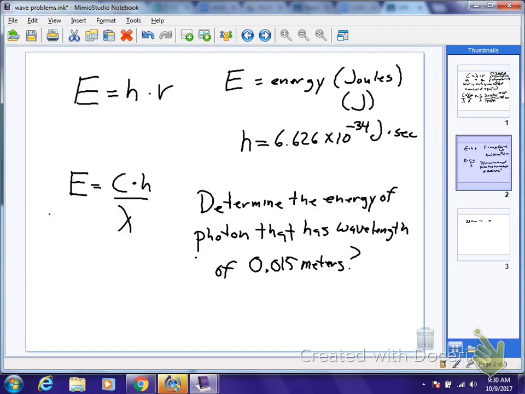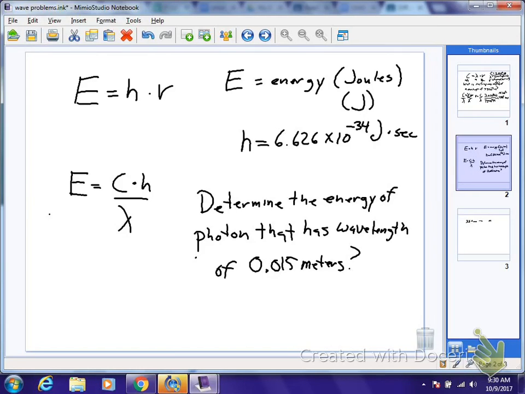Energy is capital E. You've probably seen that before. The units for it are joules, or shorthand J. Now, there's this thing called Planck's constant.